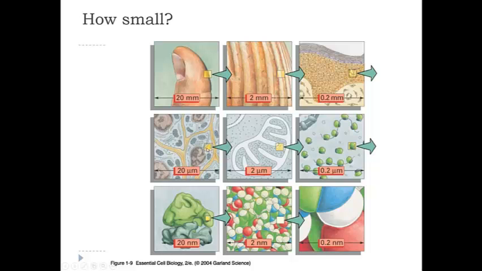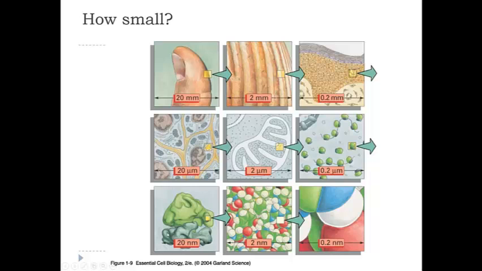Then the organelles within the cell, here's a mitochondrion, are on a much smaller scale. You're going down to 2 micrometers or less. And then the other organelles, such as the ribosomes, which are not membrane-bound organelles, but simply a combination of protein and RNA, are much smaller, on the order of nanometers.